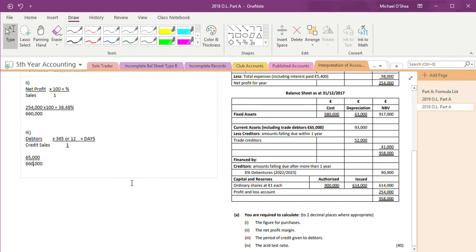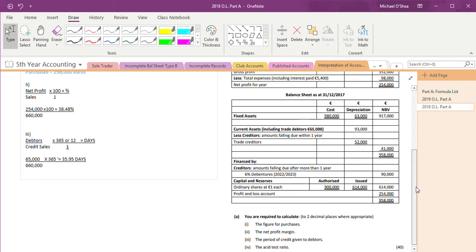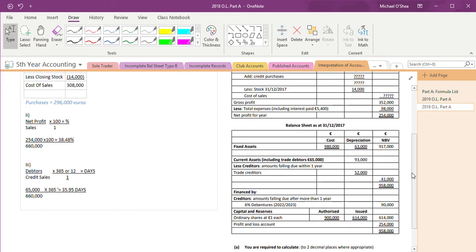All I'm doing here again is multiplying by 365, and I'm going to get my answer equal to, just previously worked out, 35.95 days. So 65,000 given, 660,000 given at the top. Divide the two, multiply by 365, and my answer is in days, 35.95.